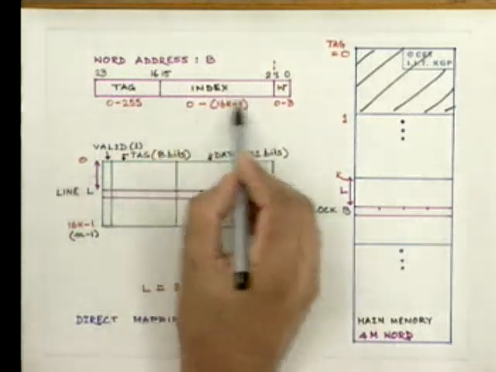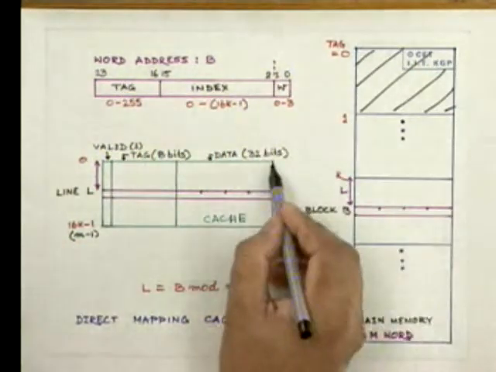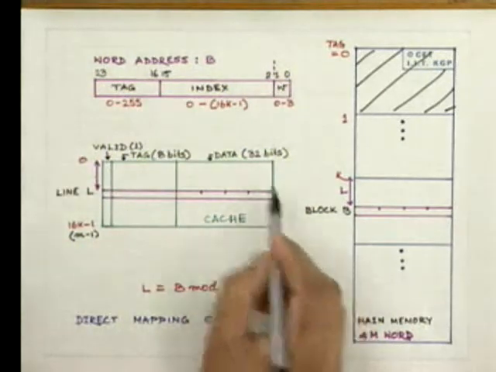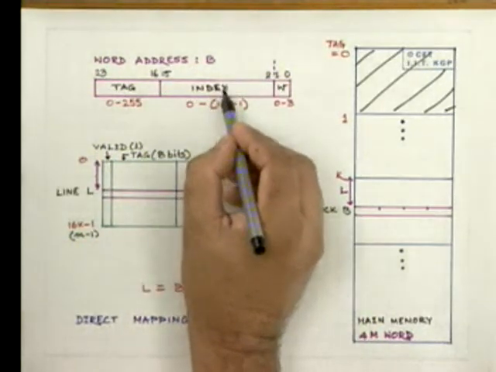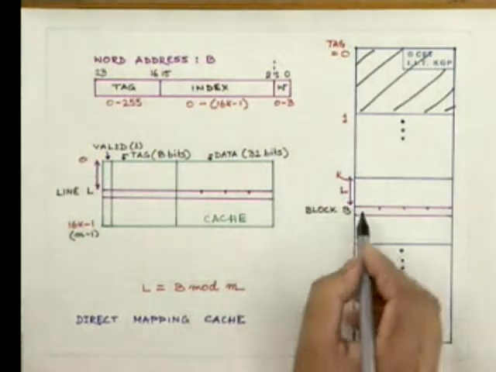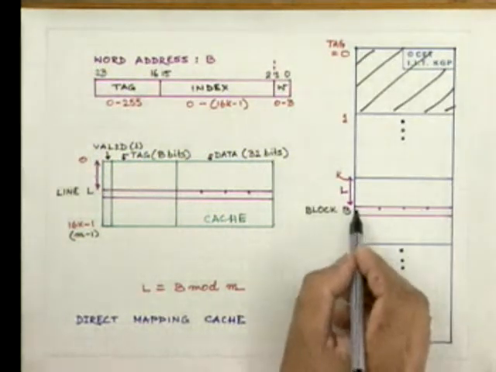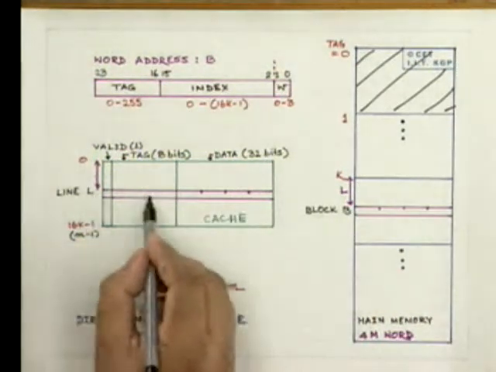Since this is 14-bit, this is 16K word. This cache is also 16K word. This index determines the offset L, when you take that B mod M, and therefore that offset directly, that means this block directly is mapped into the Lth line of the cache.